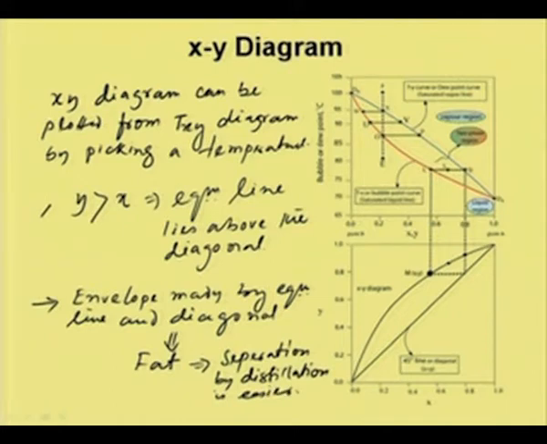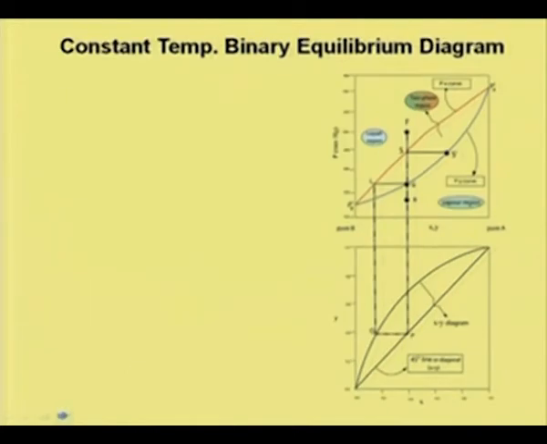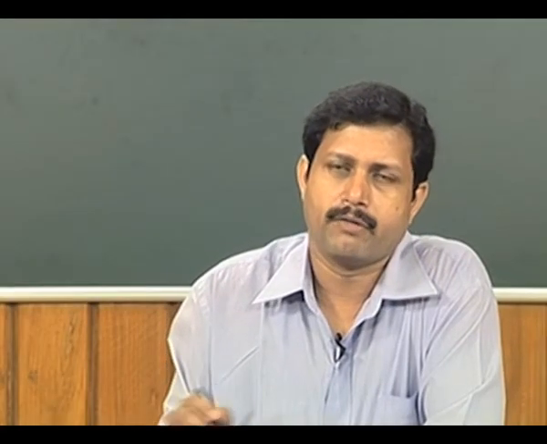Now, we will see the constant temperature binary equilibrium diagram. This is the plot where the total vapor pressure exerted by the solution at equilibrium depends on its composition. At a lower concentration of certain components, the mixture will exert lower vapor pressure.